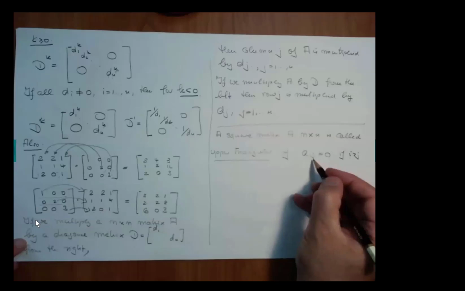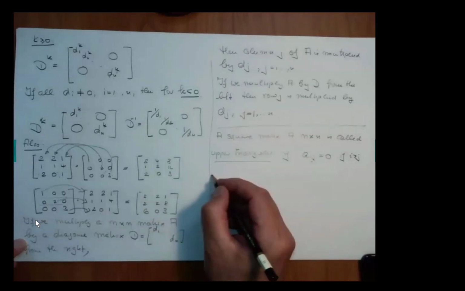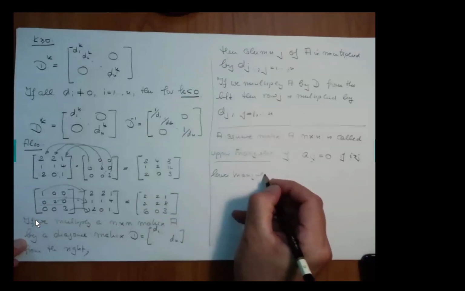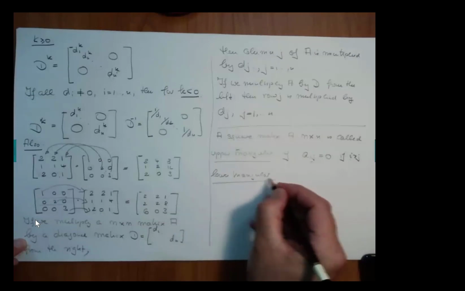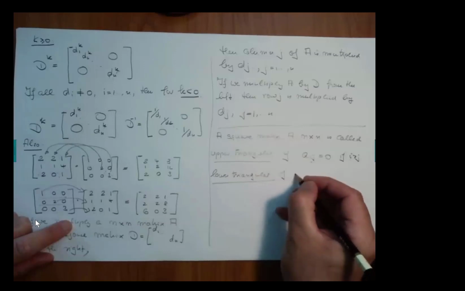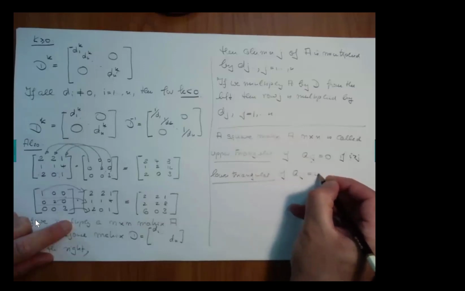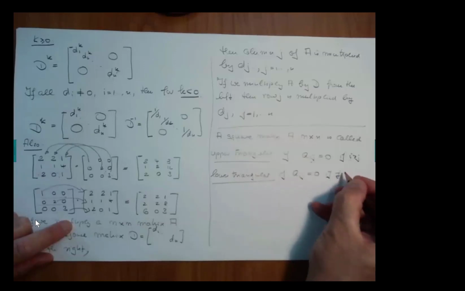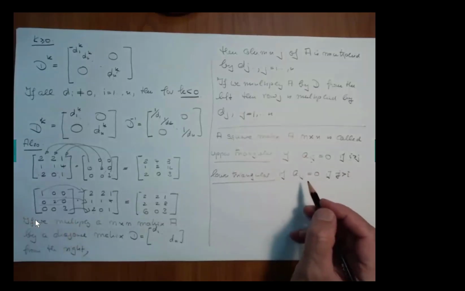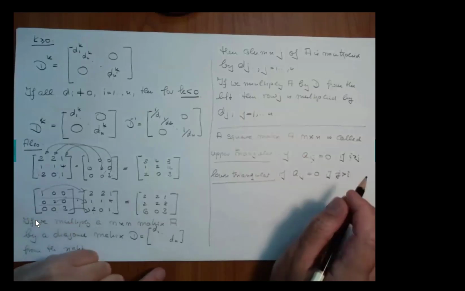So that means a_ij is 0 below the diagonal. And it's called lower triangular if a_ij is equal to 0 if j is larger than i. So that means all entries to the right of the diagonal are 0.